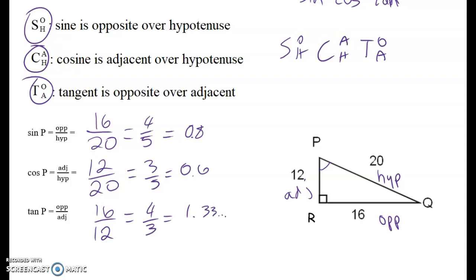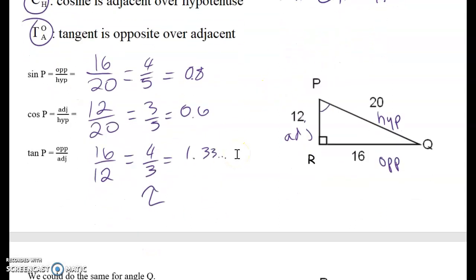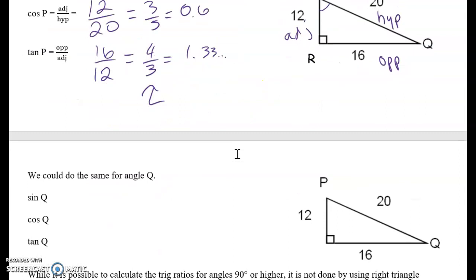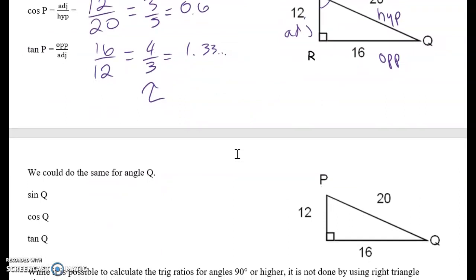So we usually like to stop here. We like to leave them as fractional ratios. Okay? Let's look at what happens when we look at the other angle, angle Q. With angle Q, this becomes our opposite. Our hypotenuse is the same, and our adjacent is this one.